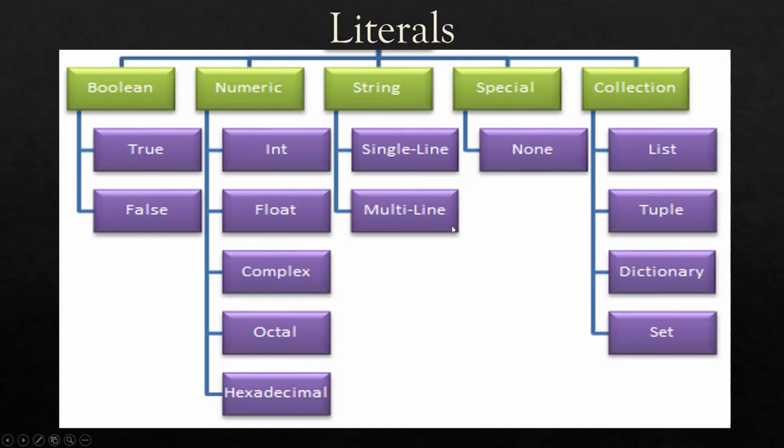String, single line, multi-line: anything that is enclosed within double quotes is a single line string, and anything that is enclosed within triple quotes, that is a single quote three times, will be considered a multi-line string. There is a special literal, None. There are collections, that is list, tuple, dictionary, set, and we will be discussing all of them in the upcoming videos.